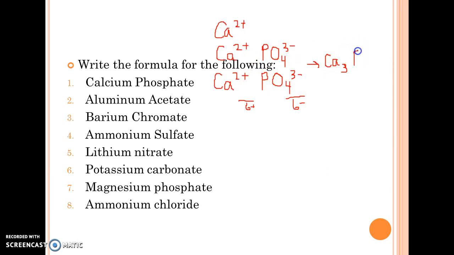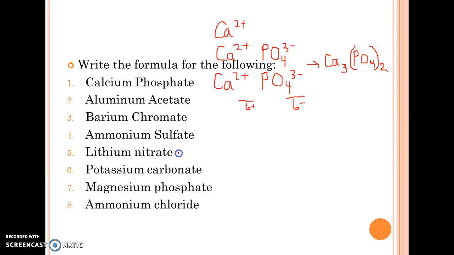Phosphate is PO4. So I'm going to write PO4 because that's the ion. I cannot forget about this little 4 down here. I'm going to put it in parentheses. And I need 1, 2. I need 2 of them. So I'm going to write a 2 down here. So I have calcium phosphate.